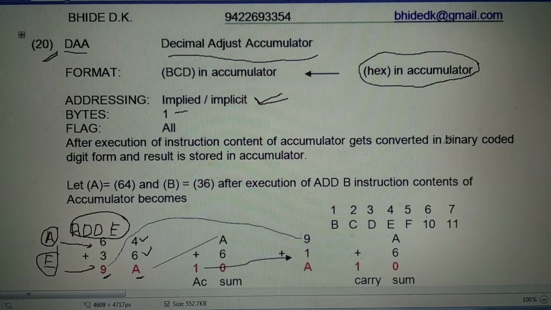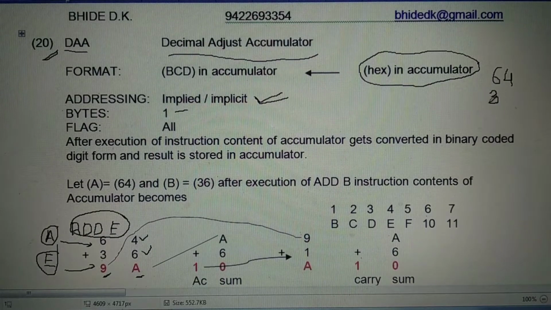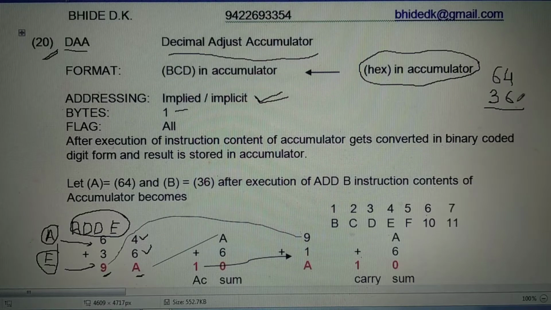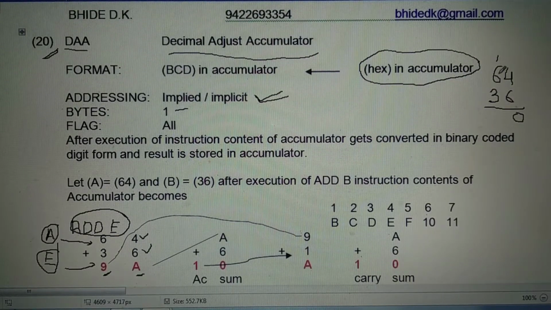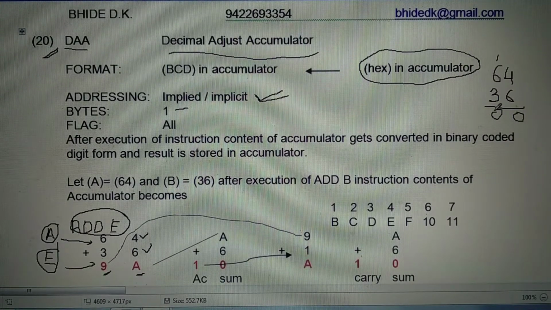If we consider the two numbers 64 and 36 as decimal numbers, what will be the addition? You will get 6 plus 4 as 0 with carry 1, 6 plus 1 is 7, 7 plus 3 is 0 with carry 1.